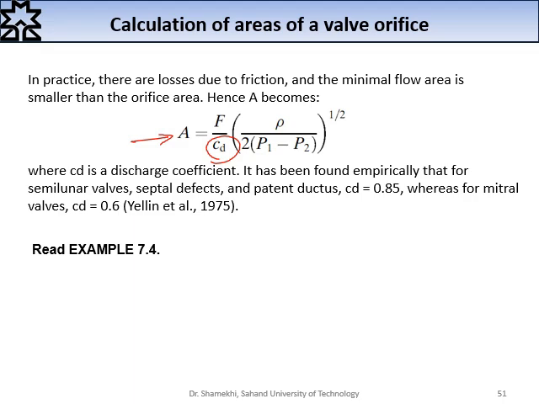This has been found empirically to be 0.85 for semilunar valves, septal defects and patent ducts, whereas for mitral valves, CD is 0.6.